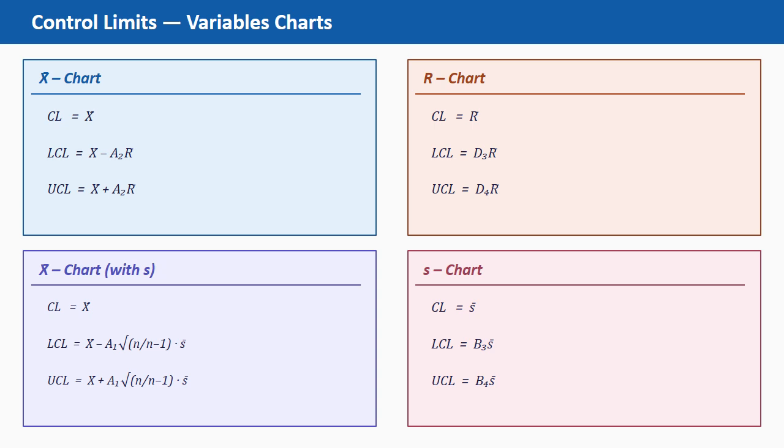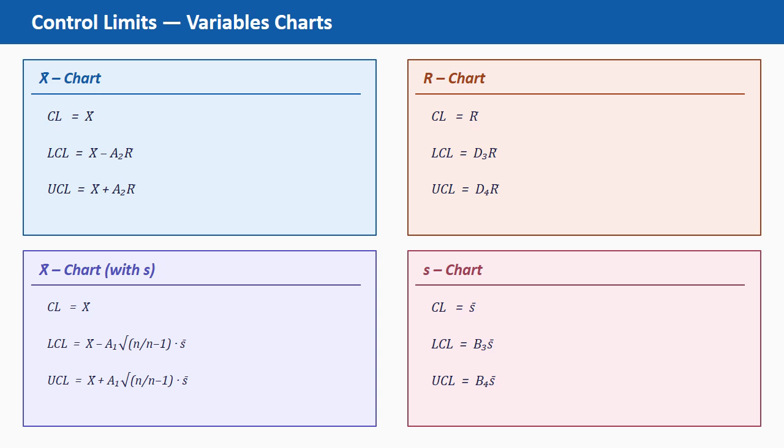The S chart is used to monitor the standard deviation, which is another measure of variability. It is more accurate than the range, especially for large sample sizes. So together, these charts help us understand both the central tendency and the variation of the process. This is important because a process may have a correct average but still have too much variation, which is not desirable. Now let us look at how these control limits are calculated for these charts.